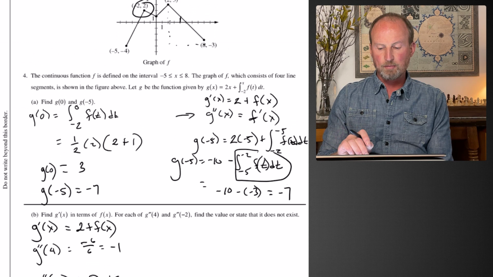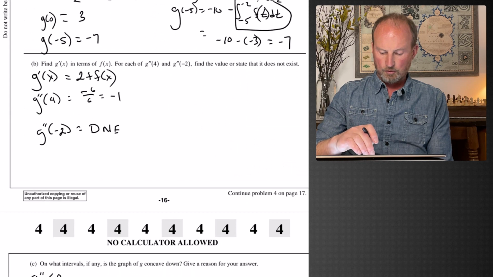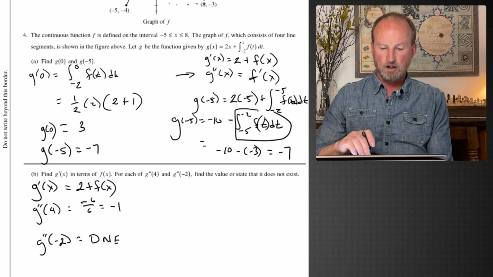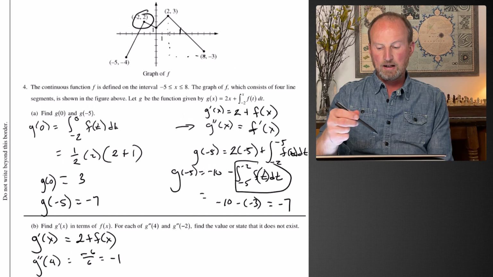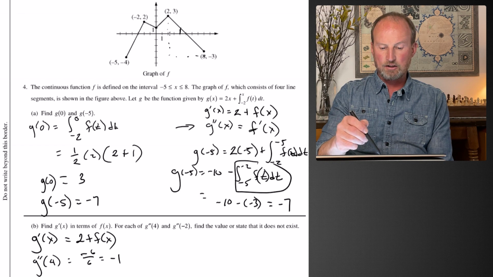So where is my derivative decreasing? Okay, let's double check what the question was. On what intervals, if any, is the graph of g concave down? Concave down. Second derivative negative, meaning f prime is negative, meaning my function is decreasing.